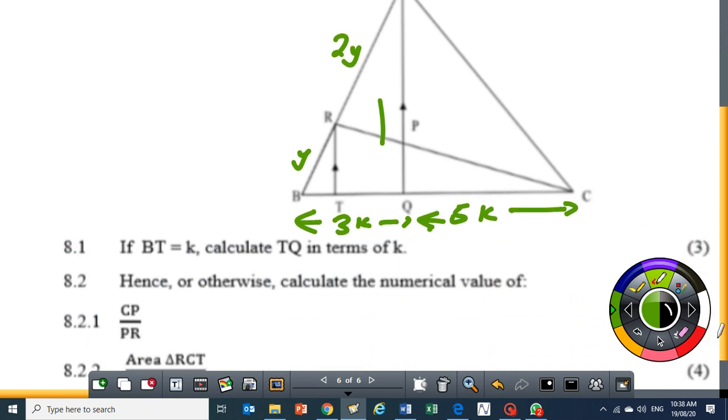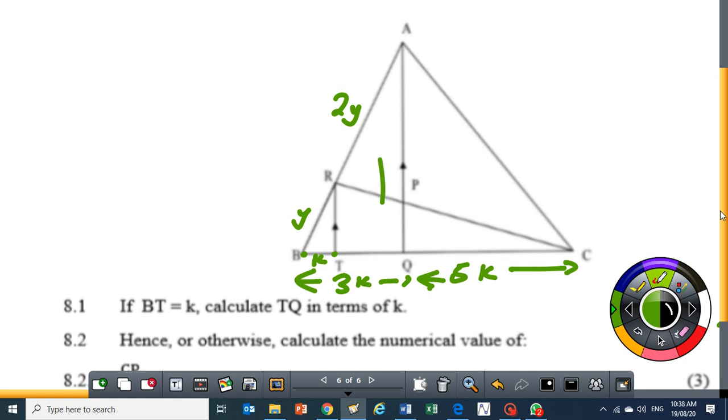Then our BT is equal to K, so this is going to be K from here to there. And we want the length of TQ in terms of K. So we have to identify a triangle in which we can use the proportion theorem, and then we can get the length of TQ in terms of K. The triangle that I'm going to identify is triangle ABQ, because I know that the ratios of BR and RA are given.